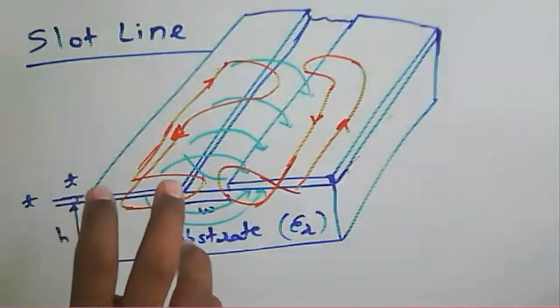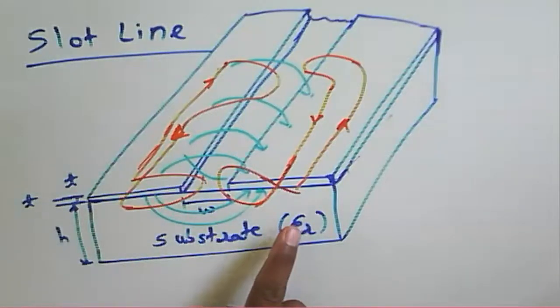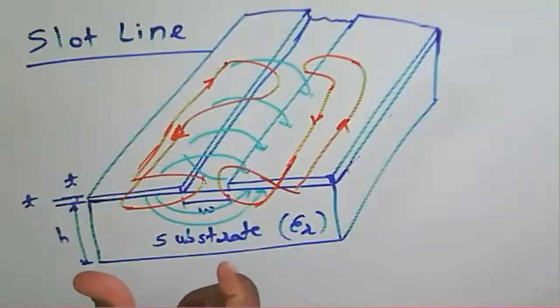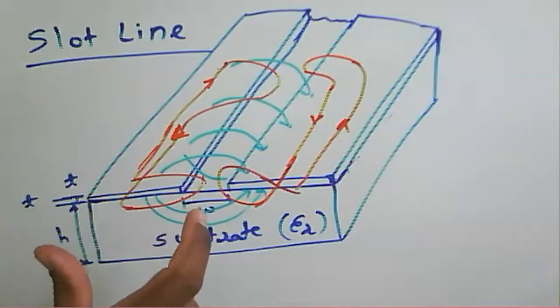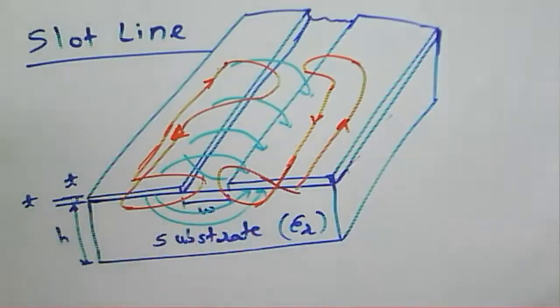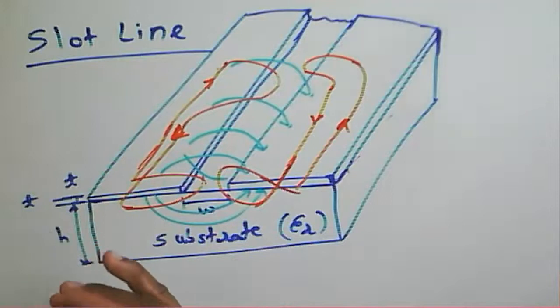Now for the given slot, these are the field distributions. Then the characteristic impedance of the given line: because this line is used to propagate a quasi-TEM wave, if we define the characteristic impedance for a non-TEM wave, it will be difficult.